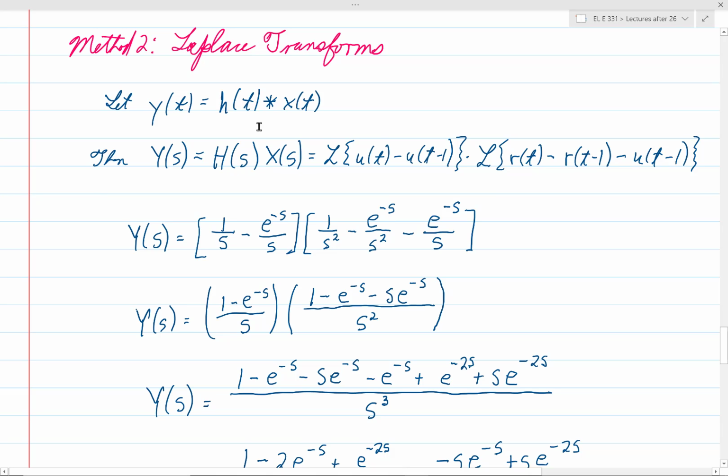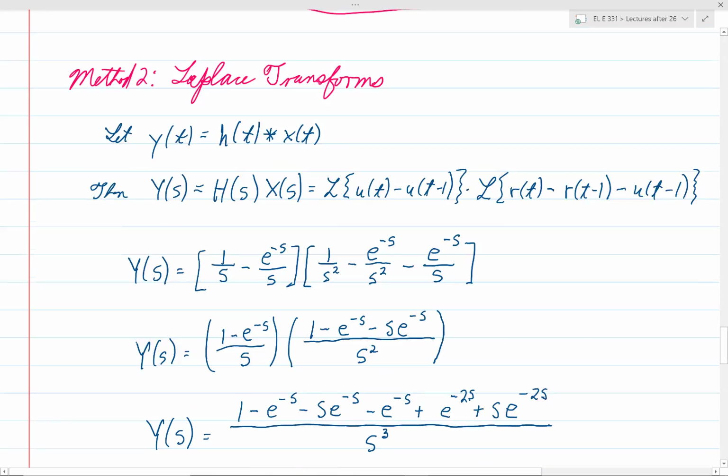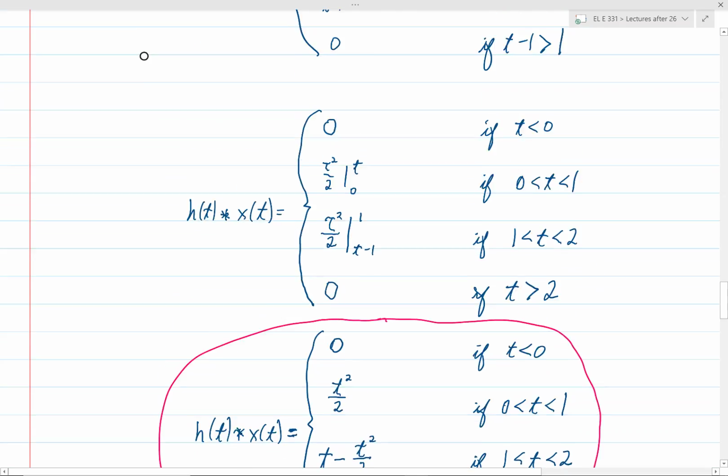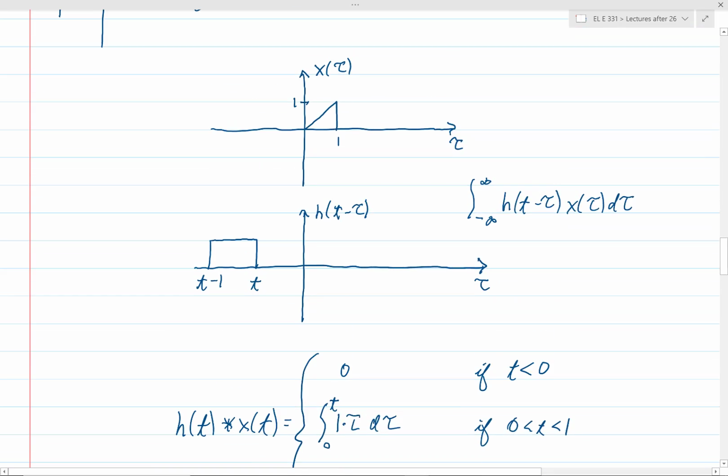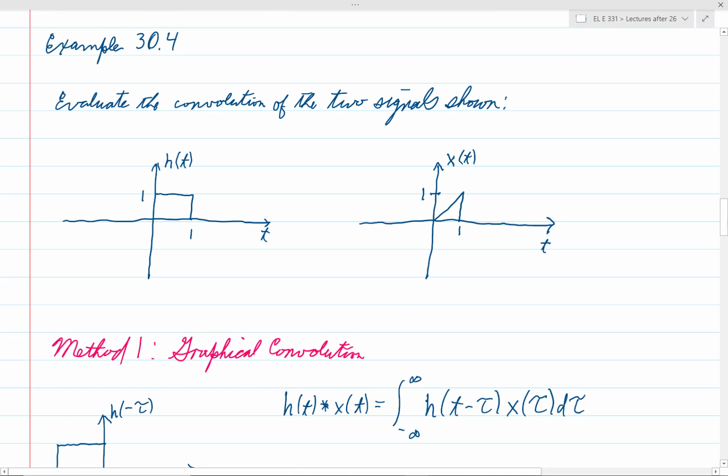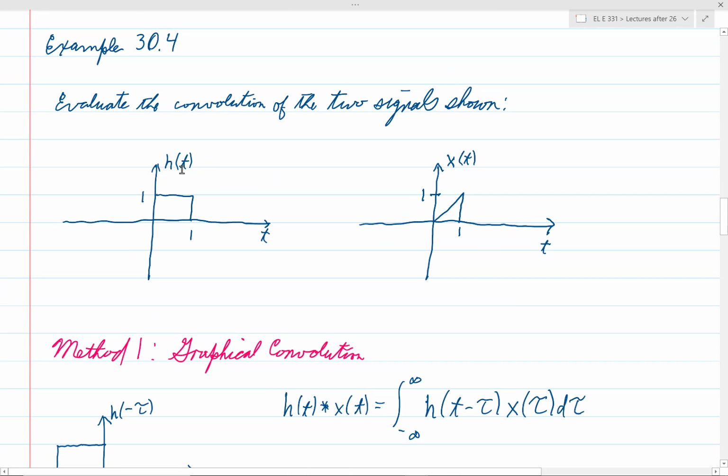Now, in order to find out what these Laplace transforms are, we really need formulas for h and x, but that's pretty easy. We come back up here and look at h and x, and you can see pretty easily that h is equal to u of t minus u of t minus 1, and x of t is r of t minus r of t minus 1 to make it flatten out, minus u of t minus 1.